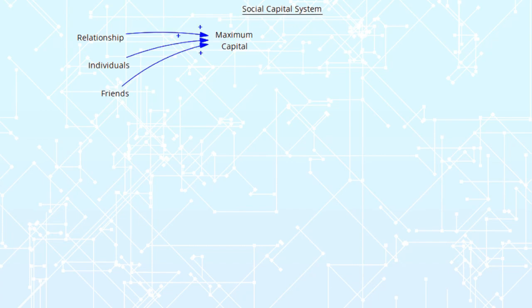The relationship, number of individuals and the number of friends each individual has determine the maximum capital of the group. The arrows show the direction of cause and effect, and the plus and minus signs show whether the effect is in the same or opposite direction as the cause. For example, in this case, an increase in the number of individuals or friendships causes an increase in the potential for social capital.